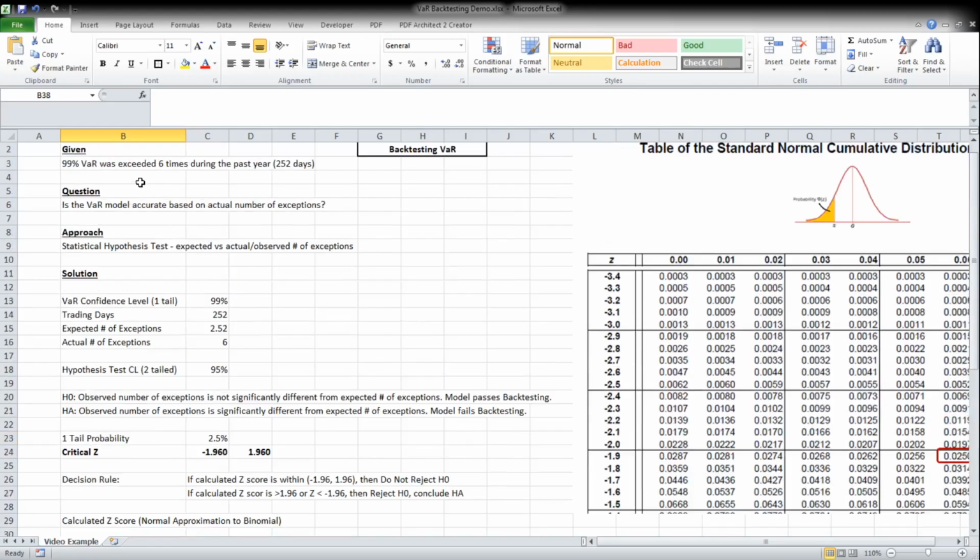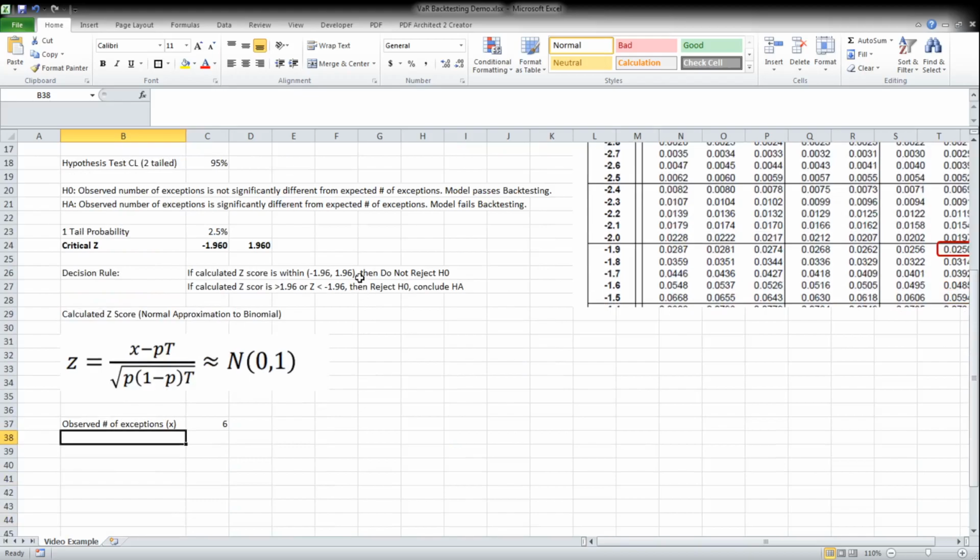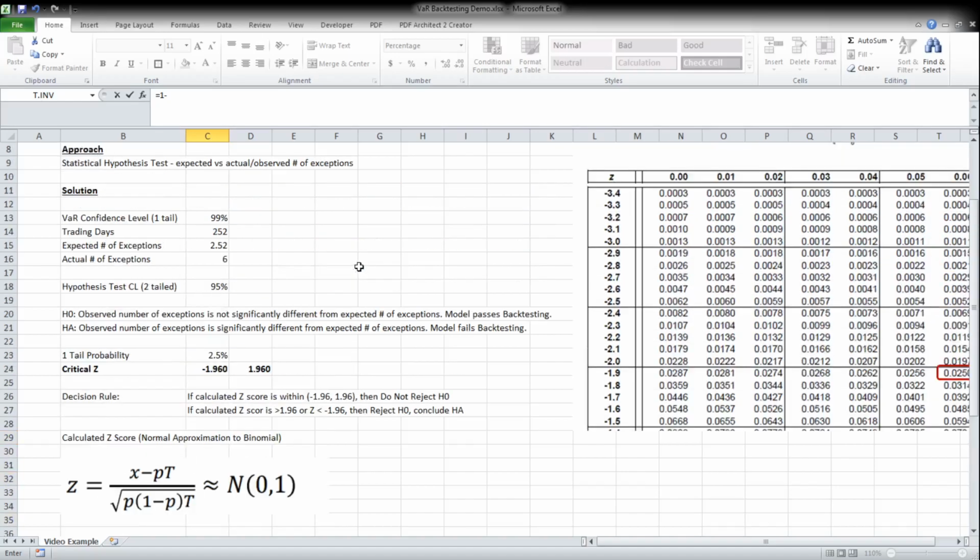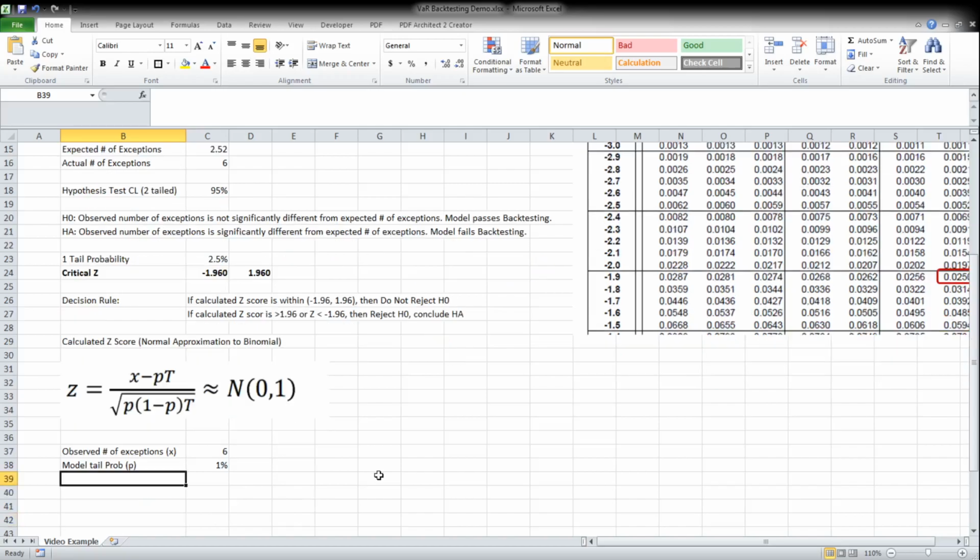We had a 99% VaR. So the model tail probability, which is the lowercase p in this formula right here, is 1 minus the 99% confidence level for VaR itself, which is 1%.